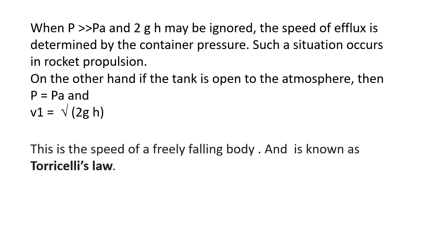Such a situation occurs in rocket propulsion. On the other hand, as I have told you already, if the pressures are the same, then the velocity V1 will be equal to the square root of 2gH only. And this is the speed of a freely falling body and is known as Torricelli's law.